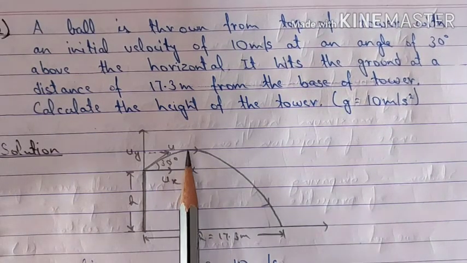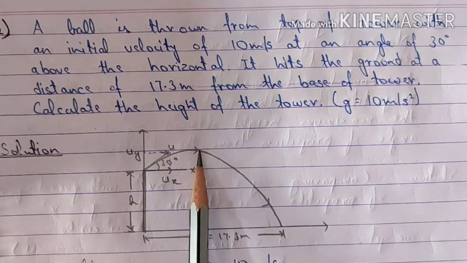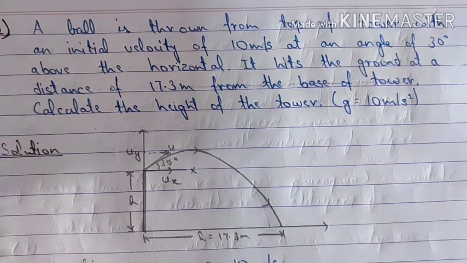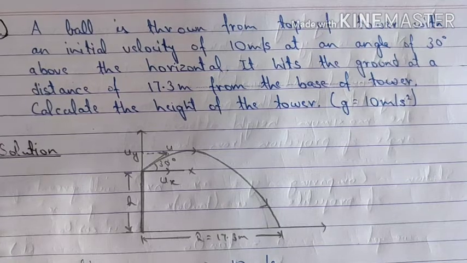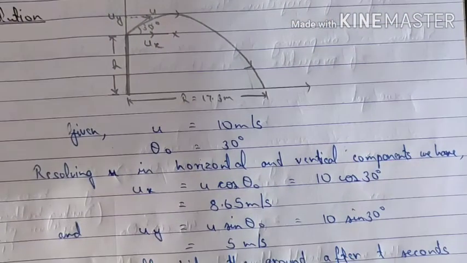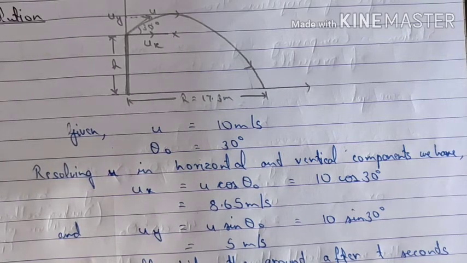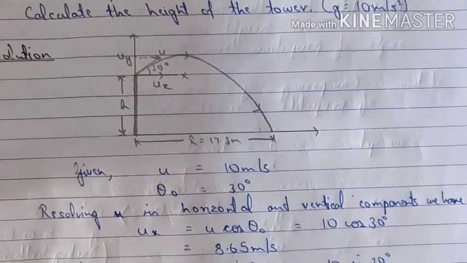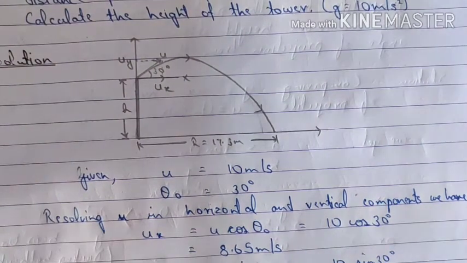After traveling a certain distance and reaching the maximum height, it falls down on the ground following a projectile path. As I've already told you, what is given here? u is equal to 10 meters per second and θ₀ is equal to 30 degrees. And we have to calculate the height of the tower.